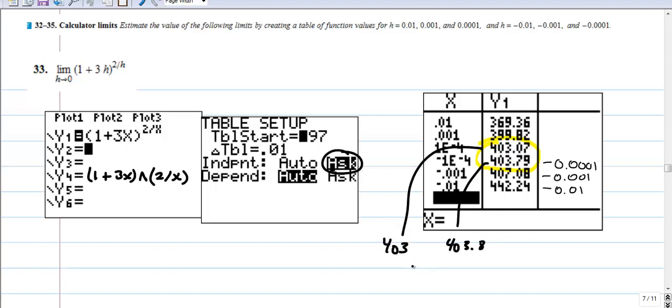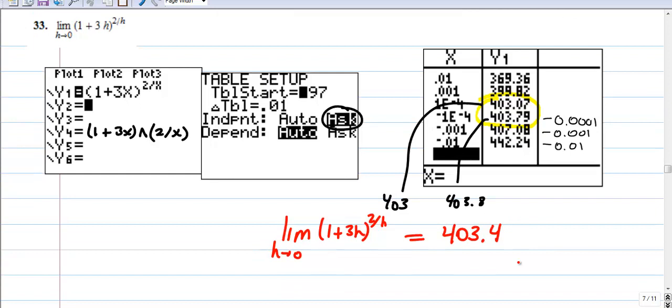So if I go halfway between there, the limit as h approaches 0 of (1 plus 3h)^2 divided by h would be about 403.4. Now, I think there's a little bit of leeway on that, but that's kind of what I would do. I would take those two values in the middle and average them. That would probably be your safest bet.